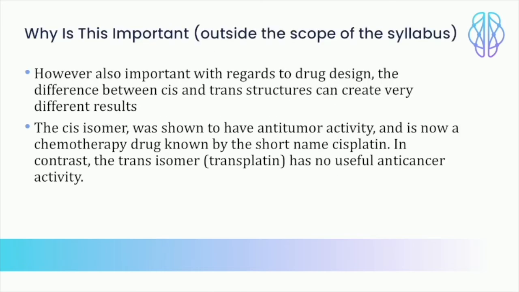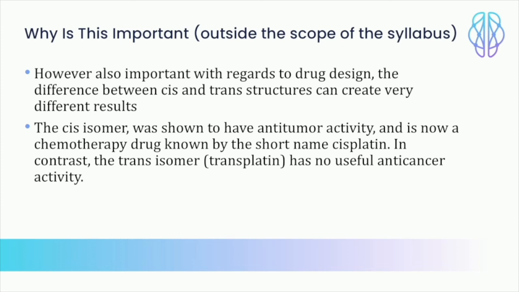So although this is another reason why stereoisomerism is important, this is outside the scope of the syllabus, so you don't need to pay attention. However, this is good not only for your general understanding, but also might help you in uni. So cis and trans isomers are actually really important when it comes to drug design and drug discovery. So the receptors in your body will tend to favor a cis or trans structure more or less, right?